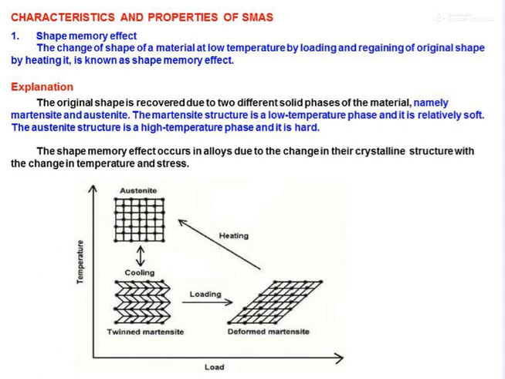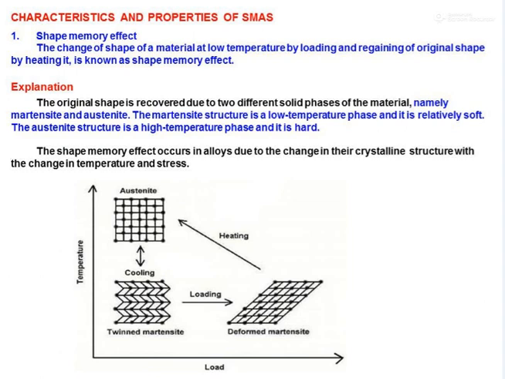So in the case of the first process, when you vary the temperature or undercool the material, the austenite phase will transform into a twinned martensite phase. Then the second process is loading. In that process we don't change the temperature, we maintain a constant temperature.